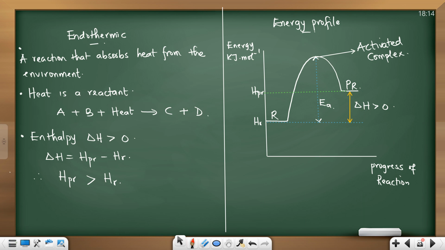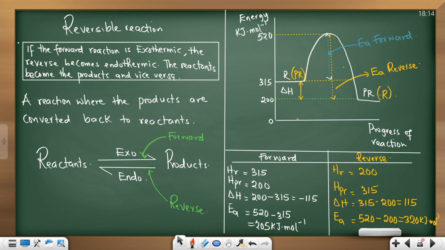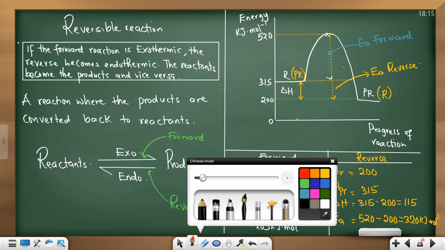And I see that in this question they're talking about reversible reaction. And I dedicated a full page for it. When it comes to reversible, the reactants become the product and the product becomes the reactant. And we always measure activation energy. Please look at this. Let me re-highlight this for you.